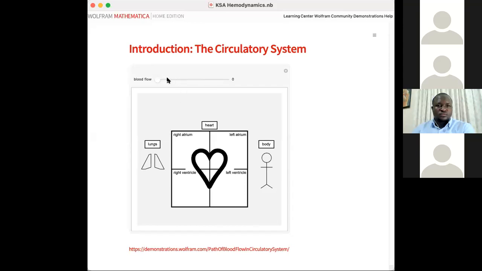So the circulatory system basically is a series of pipes and a pump, and we have the blood that comes from the rest of the body into the heart, into the right atrium, and into the right ventricle. And this blood is normally depicted as blue in color because it is poorly oxygenated.